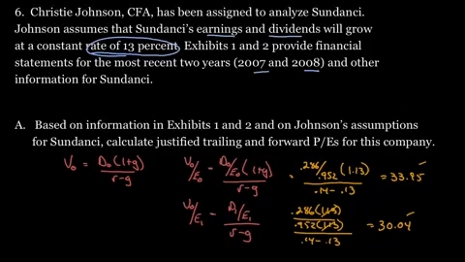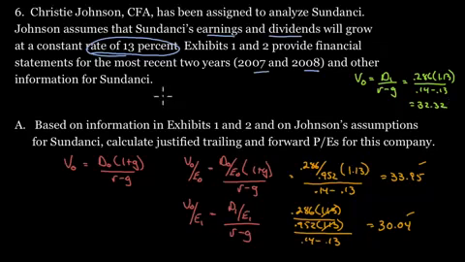Another way to approach this is just to say, well, I recognize that there's constant growth going forward. That's a one-stage growth model. I don't need to calculate it this way. I can calculate V naught equals D1 over R minus G, and my D1 I know is 0.286, multiplied by 1.13, over 0.14 minus 0.13, which will give me a price of 32.32.